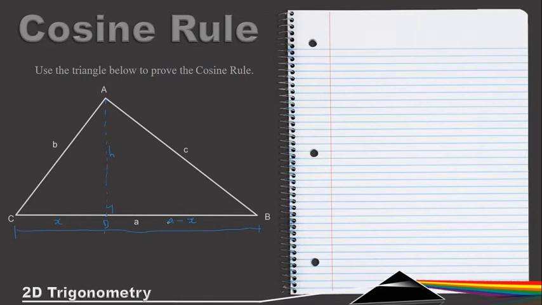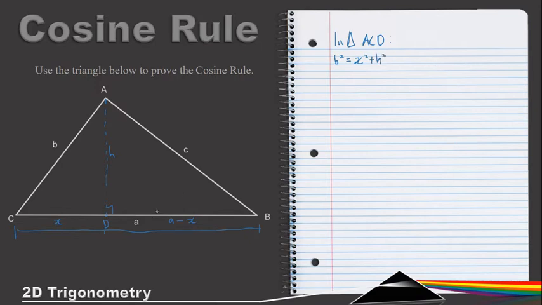Alright, so here where we've previously applied sine rule in both triangles, now we're going to start off and apply Pythagoras in both triangles. So in triangle ACD, for Pythagoras, we'll say that b squared is equal to x squared plus h squared.